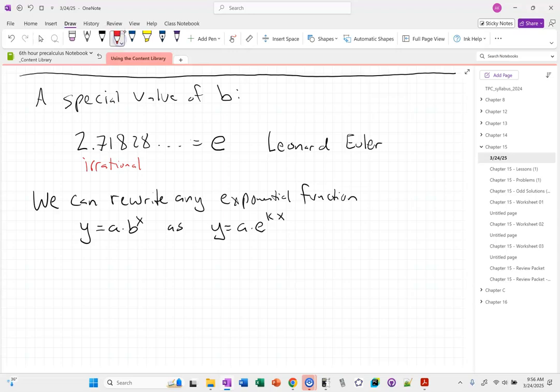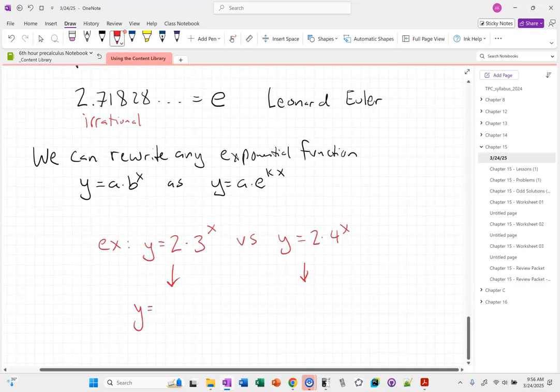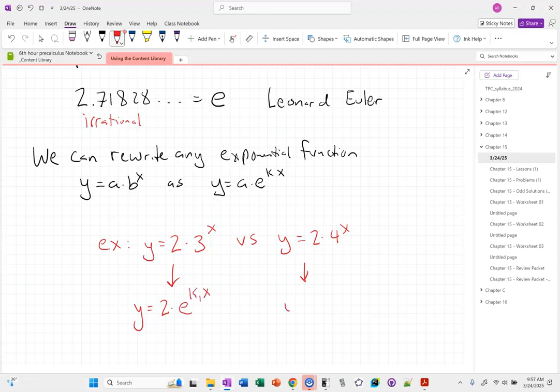So for example, if I wanted to compare y equals 2 times 3 to the x versus y equals 2 times 4 to the x, I would translate them both into a function like y equals 2 times e to the k sub 1 x.